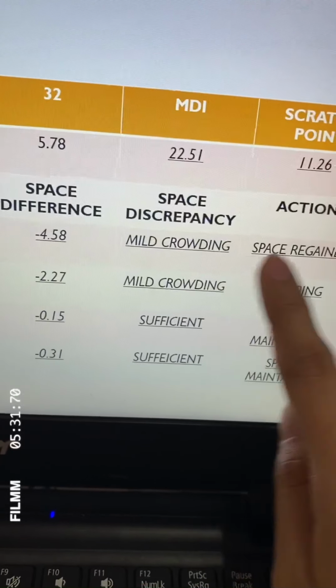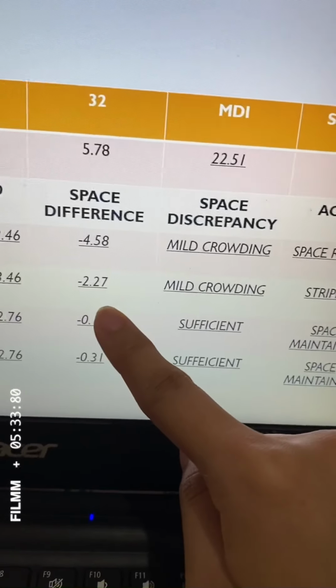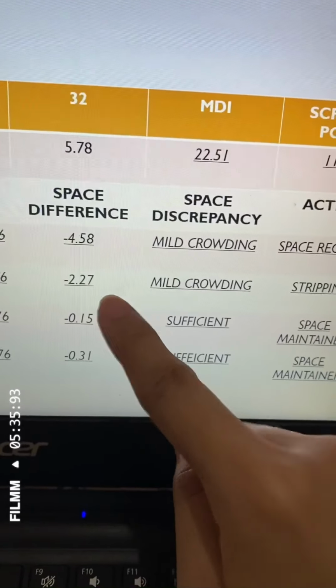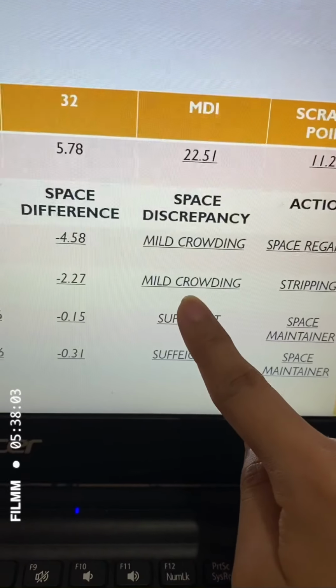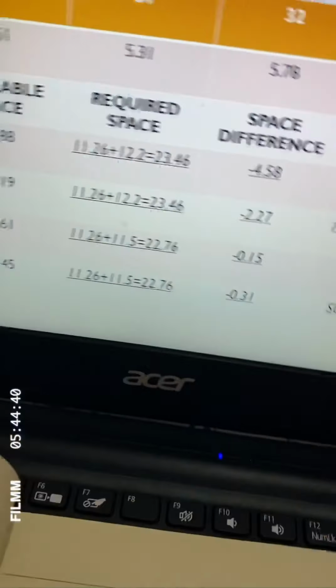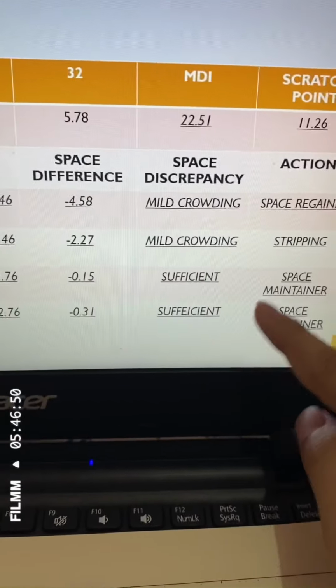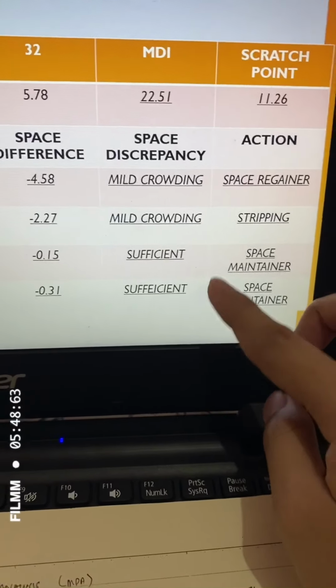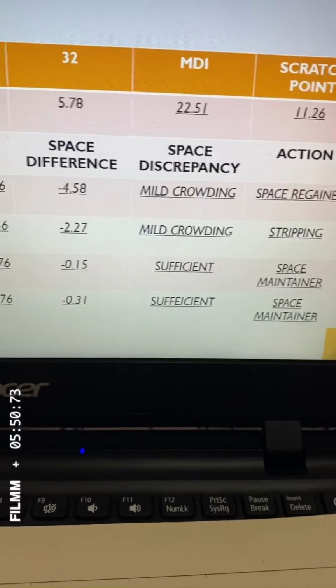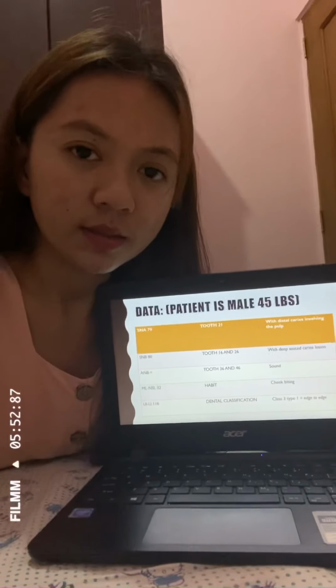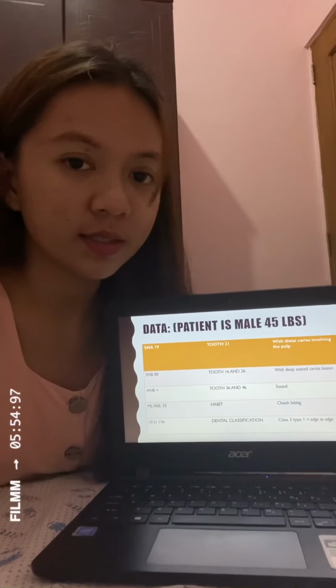If the space difference is negative 2.27, it also represents mild crowding, but we need to have stripping only, negative 1 to negative 2. For quadrant 3 and quadrant 4, the space is sufficient, so all we need is a space maintainer.